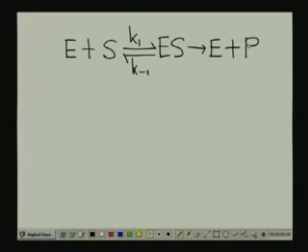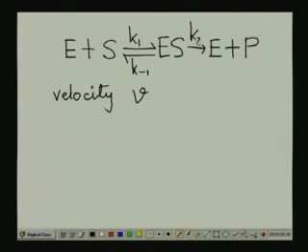Now, I am going to define a velocity for the reaction. What is this velocity? It is going to be V, with K2. The velocity of the reaction is the rate at which the products are formed, so it is going to be equal to K2 ES.